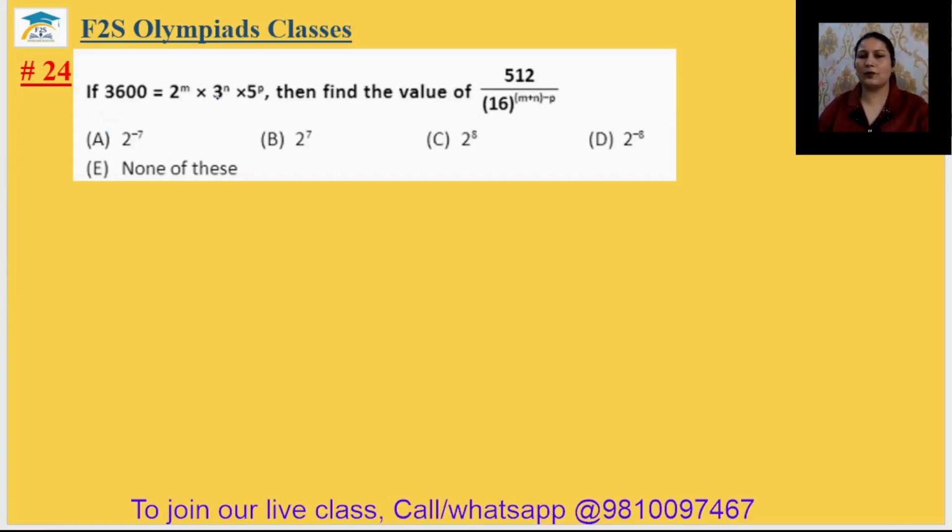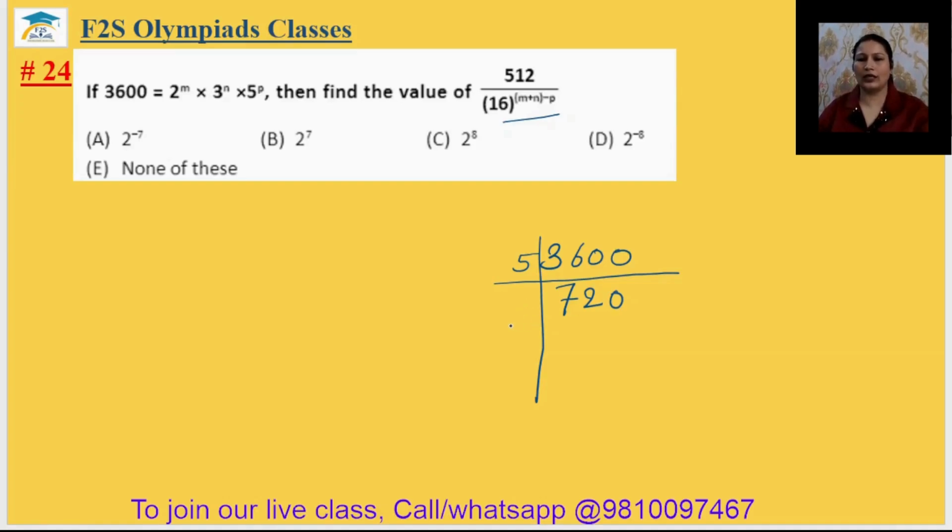Okay. Come to question number 24. 3600 equals 2 to the power m multiplied by 3 to the power n multiplied by 5 to the power p. Then find the value of this. So first we will prime factorize 3600. First I will take 5: 5 6s are 30, 5 7s are 35, 5 2s are 10, and then 0.